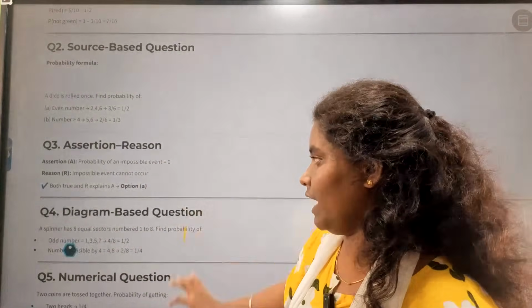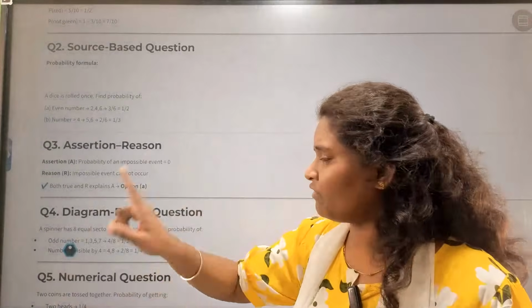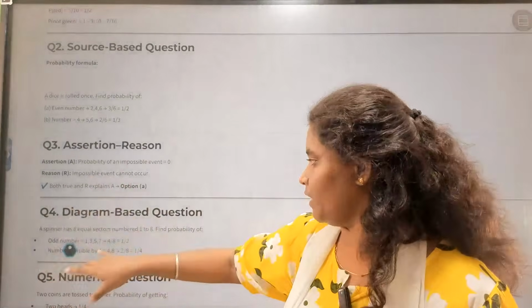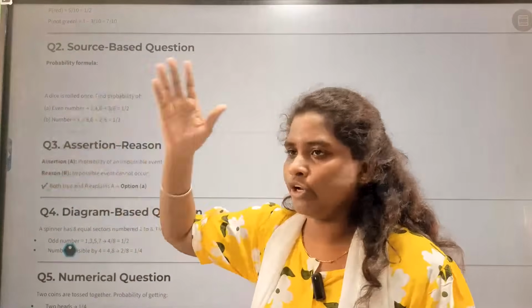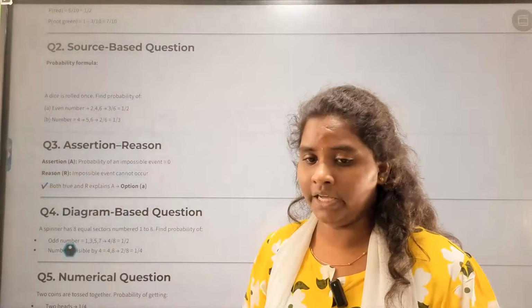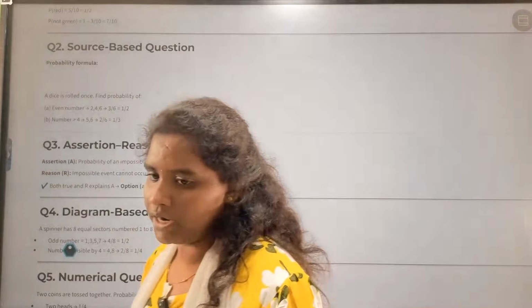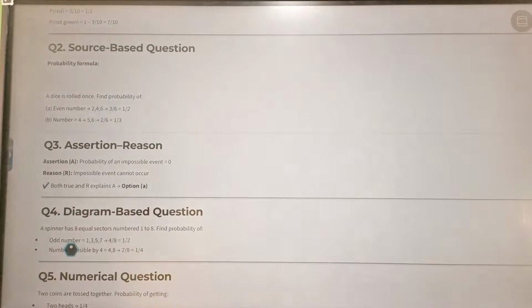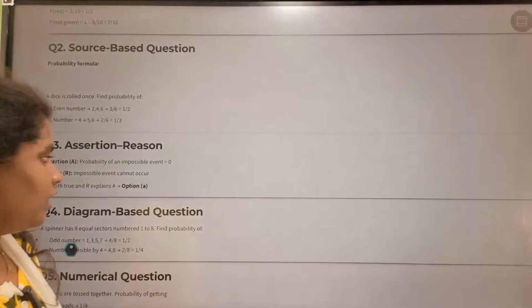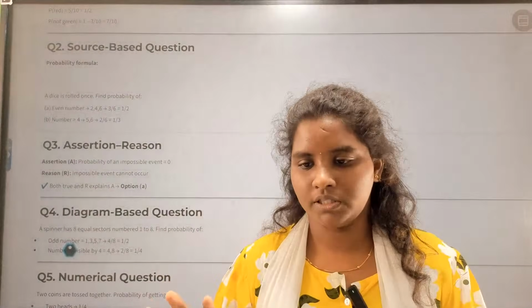And here it's diagram based. For example, if I roll this spinner, see here I'm going to separate it into 8 equal parts. And what is the probability of getting an odd number? So 8 out of 8, the probability of getting odd is 4 numbers, right?